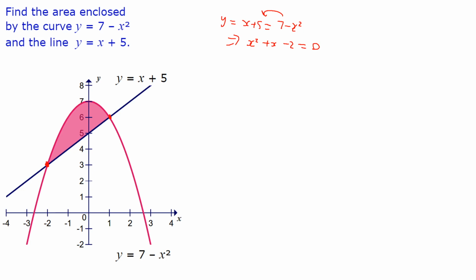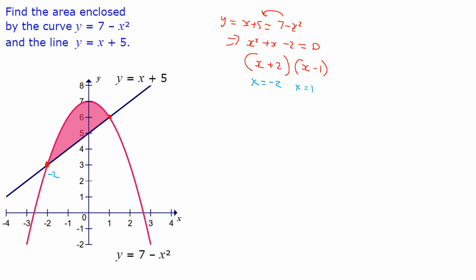Then we think of two numbers that multiply to make minus 2 and add up to make 1. That's just going to be 2 and minus 1. So we can say safely that x is equal to minus 2, which is over here, and x is equal to 1.